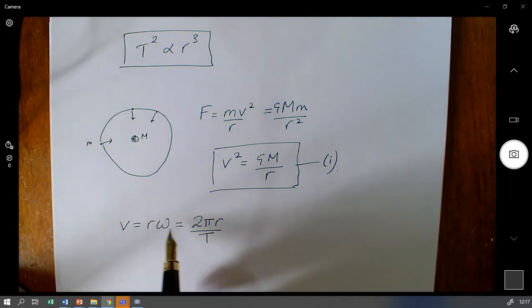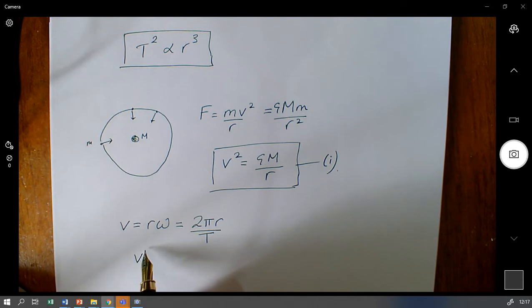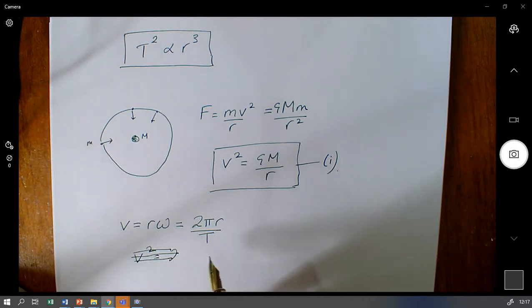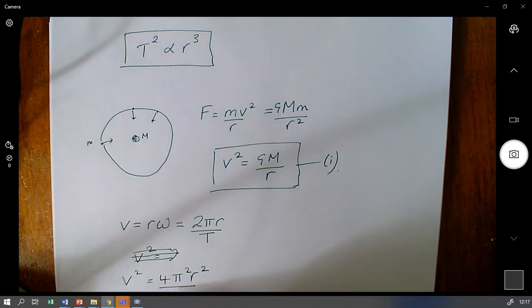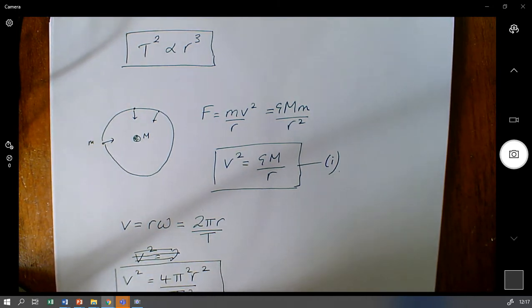So from this, we can come up with this expression: v squared is equal to 4 pi squared r squared over T squared. We'll call that number 2.